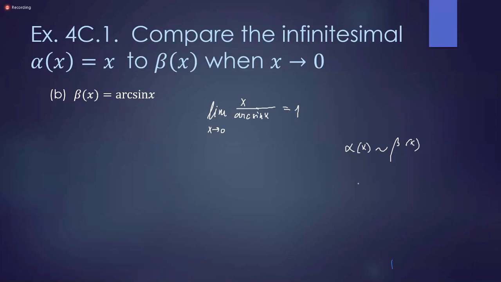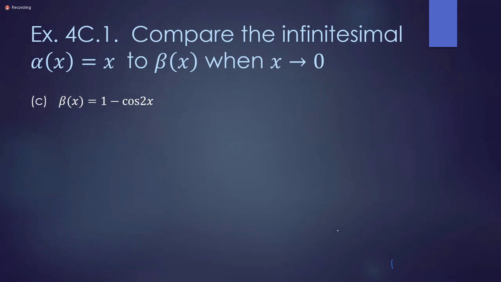Similarly, for this next case, say x tends to 0, alpha to beta, that is the limit of x to 1 minus cosine 2x. I am not doing this, but in principle this limit would be infinity. Again, the function 1 minus cosine 2x is a stronger infinitesimal.